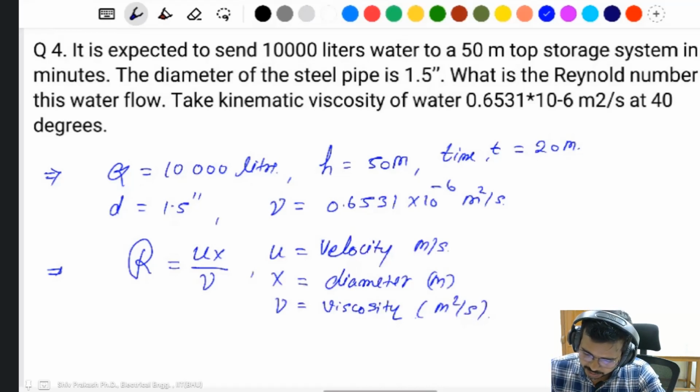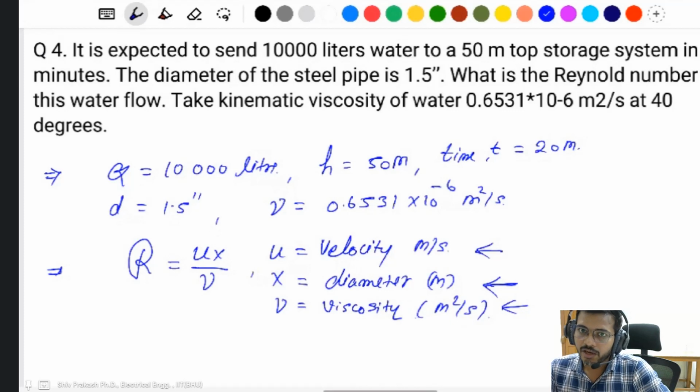Viscosity and diameter are given, but velocity is not given in this question. Then find the velocity first.